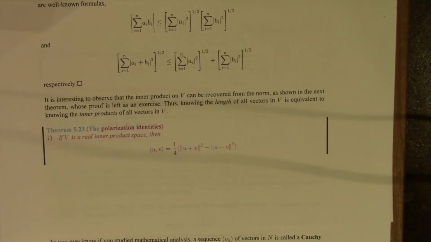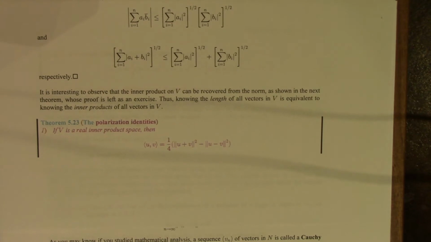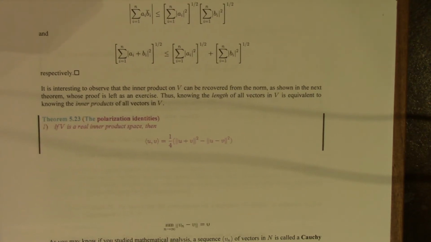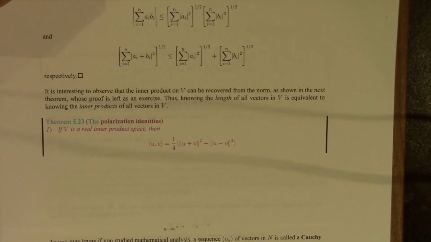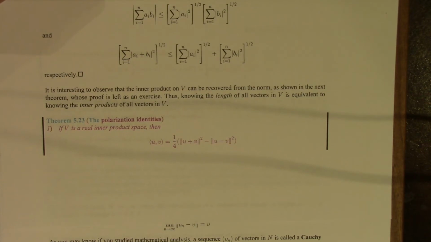That's a bit surprising, because it sounds like the inner product, being a function of two variables, two vectors, might have more information in it than just the length of each vector, but in fact it does not. So that's something to think about.